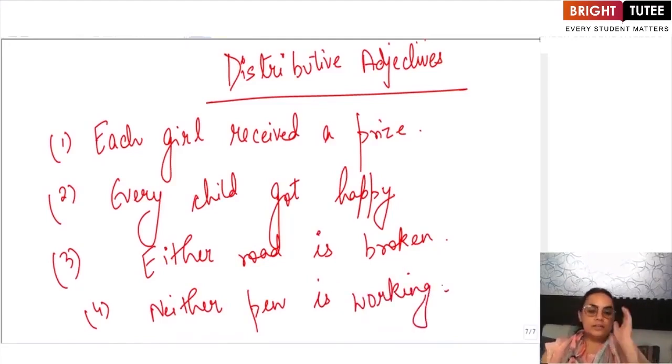Now, if you look at these four sentences, the words each, every, either, and neither, what are these words doing?